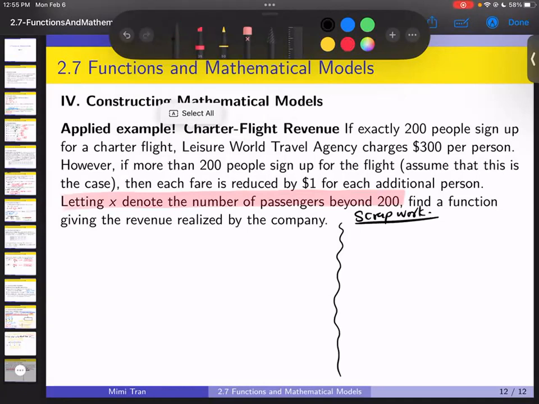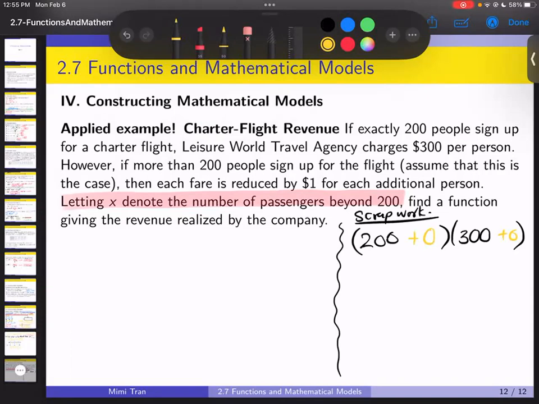Now, if I had exactly 200 people sign up, how much is the ticket per person? 300. So 200 people times 300, do you know how much you make? How much for the tickets total? So this is exactly 200 people, so plus 0. That's why I have plus 0 there.